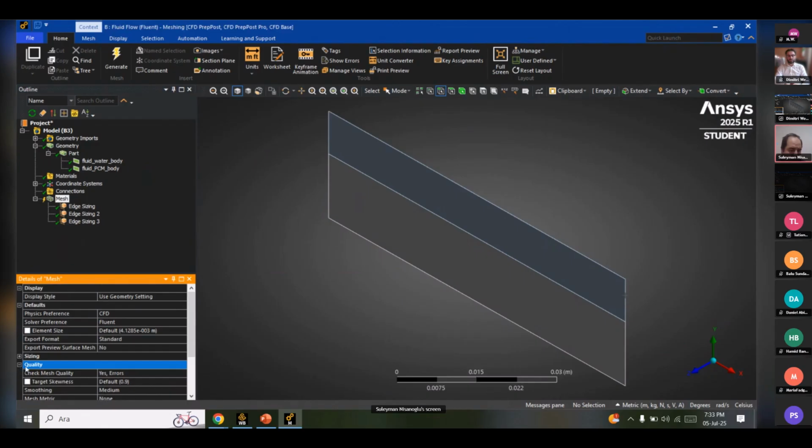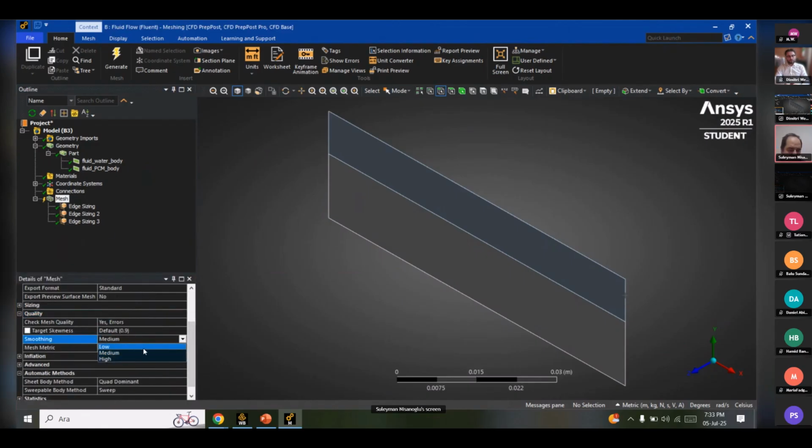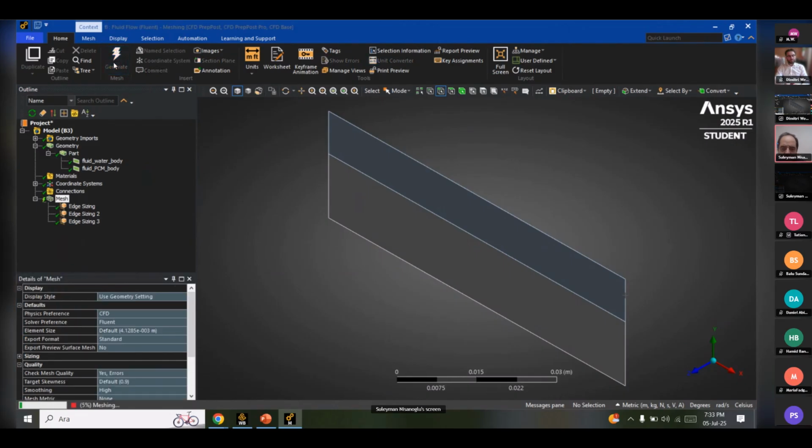I change here the quality for the mesh. Smoothing is high, but that is not important. We can generate the mesh. This result is worse, not good, because we haven't done face meshing. Wait, please.